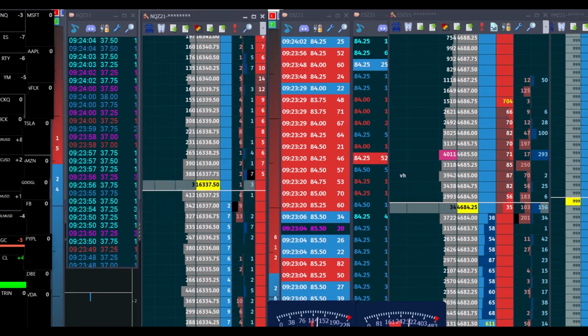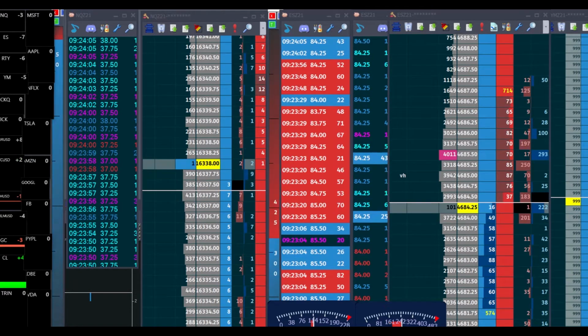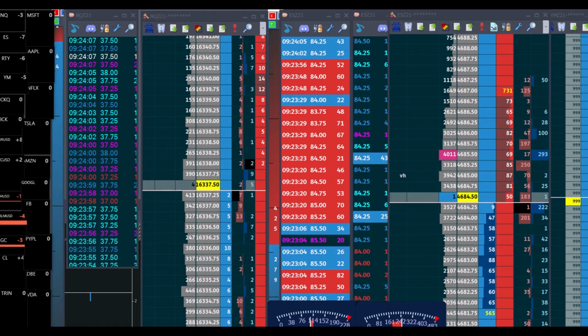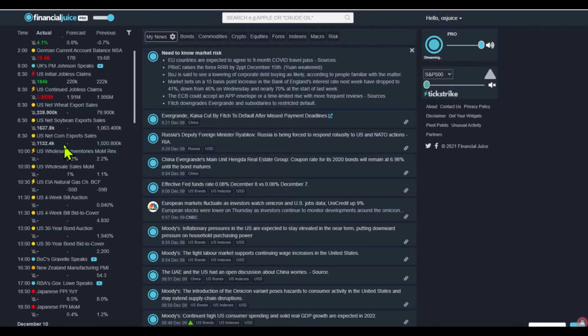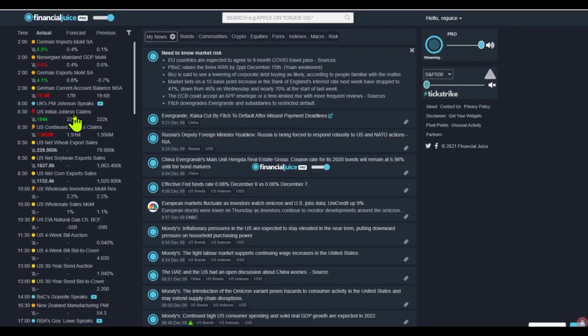Now, quickly, let's look at what the news is looking like this morning. I believe we had some news, and then again, Evergrande with the Chinese bank there. There's some news around that. Again, here we're looking at initial jobless claims that came out, which was expected 220K, and we've got 184, which seems to be good.